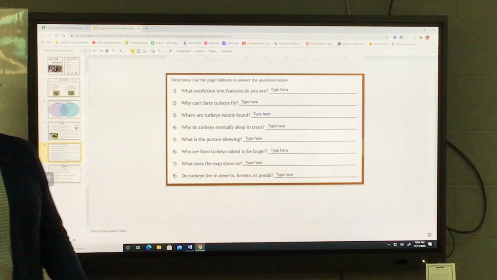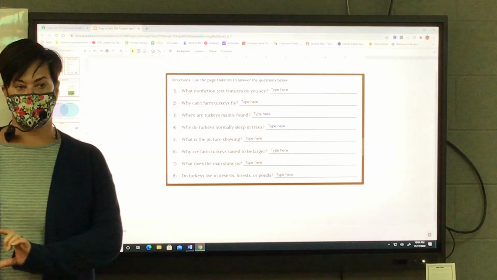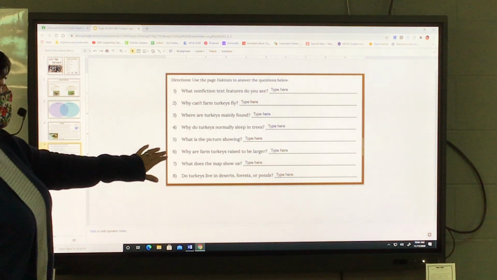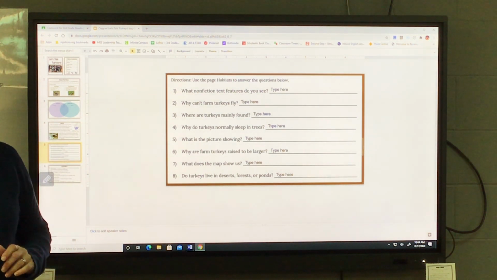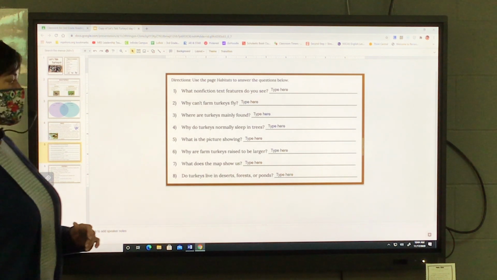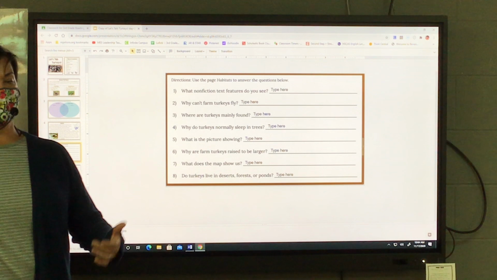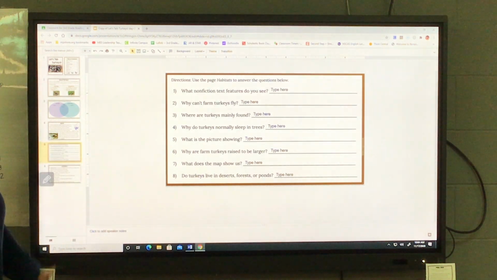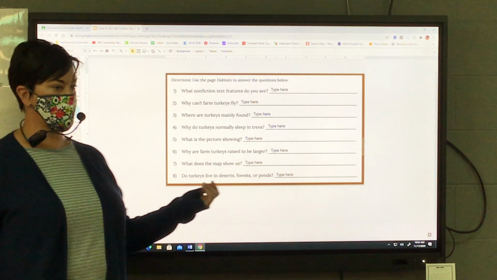What is the picture showing? So we're going to have to look at the picture and we'll have to look at the caption that tells us that. Question 6. Why are farm turkeys raised to be larger? Question 7. What does the map show us? And then question 8. Do turkeys live in deserts, forests, or ponds?